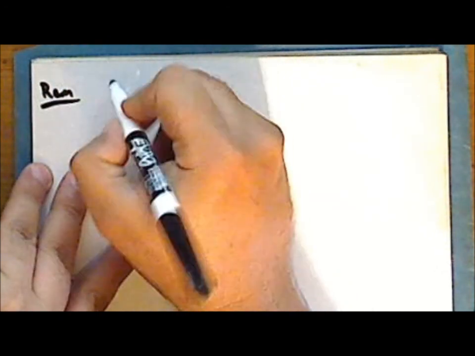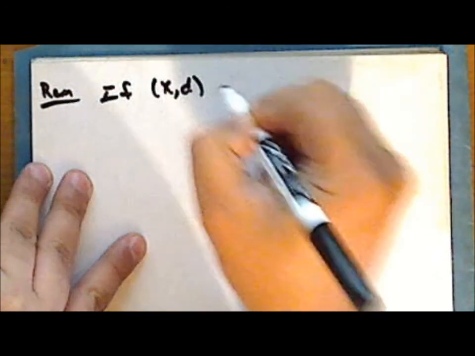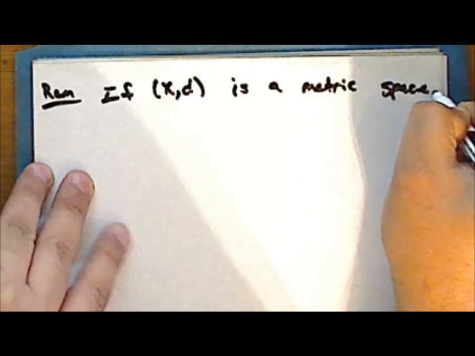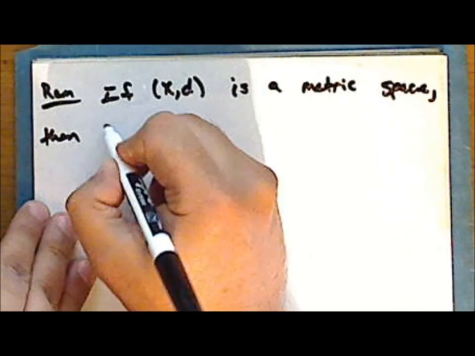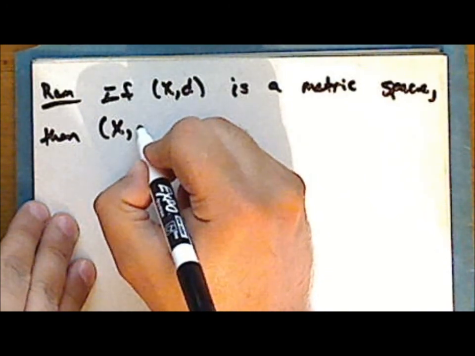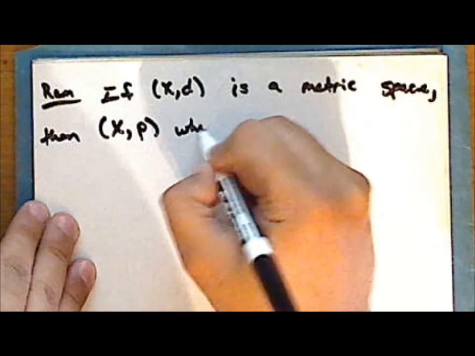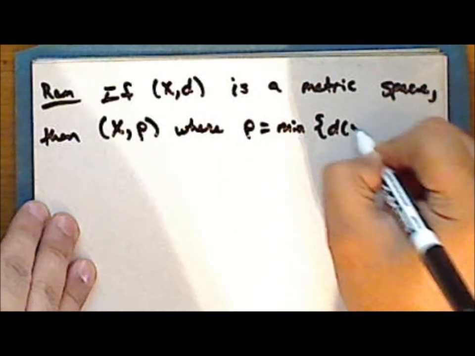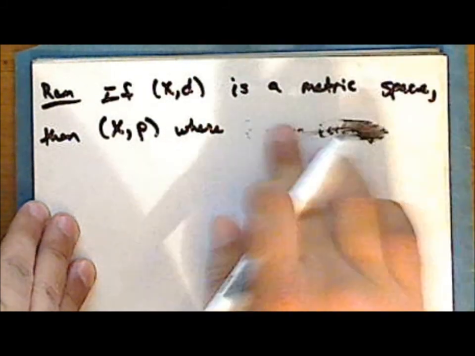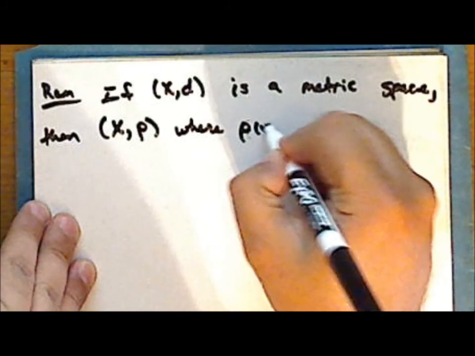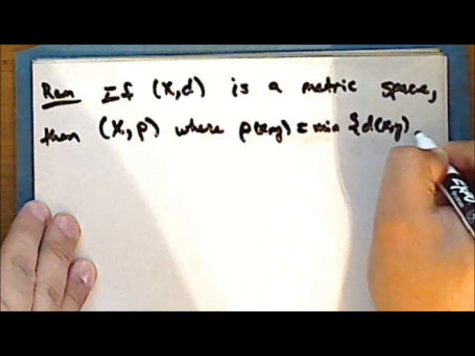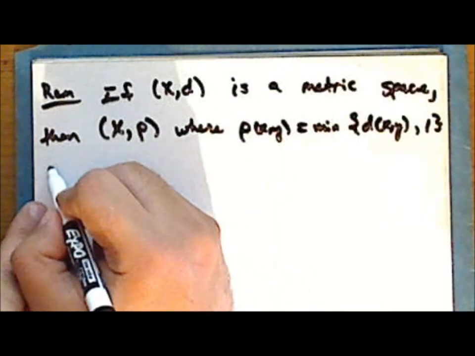So given any metric space, then the metric space consisting of X and the metric rho, where again rho is the minimum of the two values, being either the distance from X to Y under the metric D, or 1, is a bounded metric space.